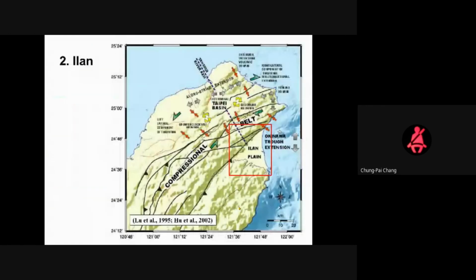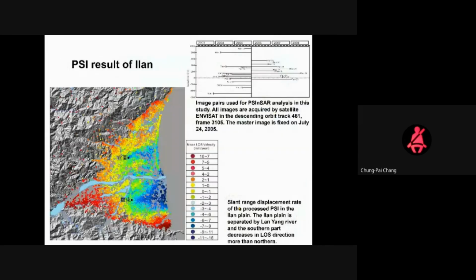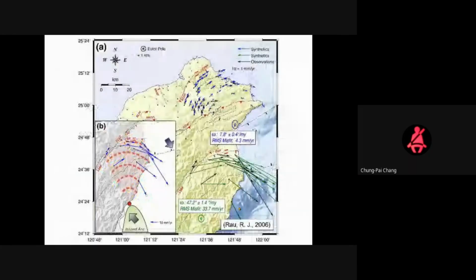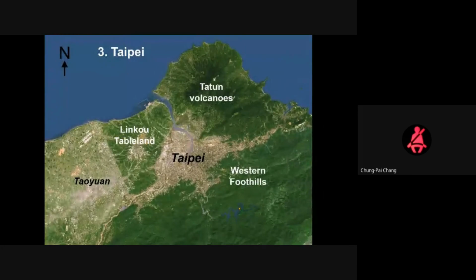Because time is limited, I skip this topic, this area, the Yilan area. I will come back to the Taipei area directly. For the Tien-Yin SAR study, I showed you the result of Taipei Basin is quite bad, because the active fault, or we can say active deformation, occurs normally between the mountain and the plain, or we can say the mountain and the metropolitan area.